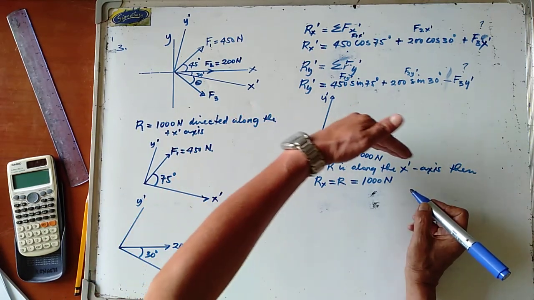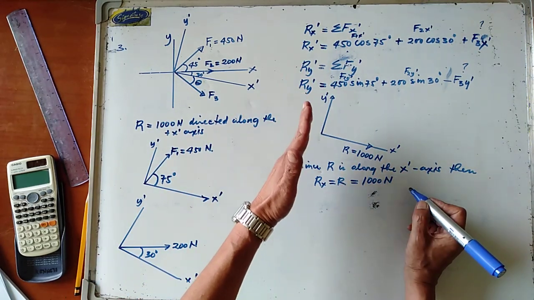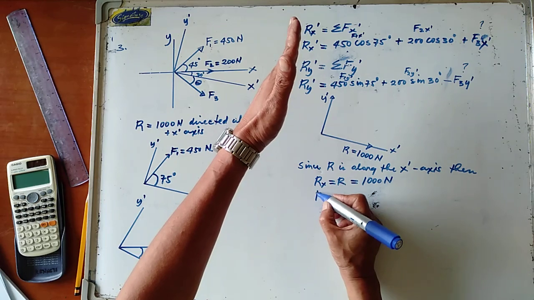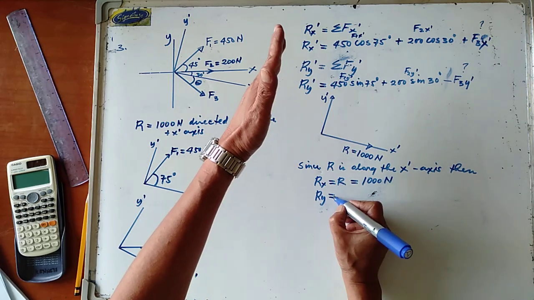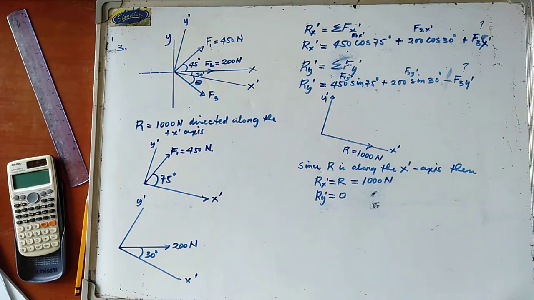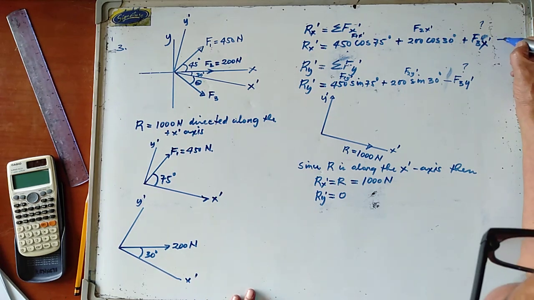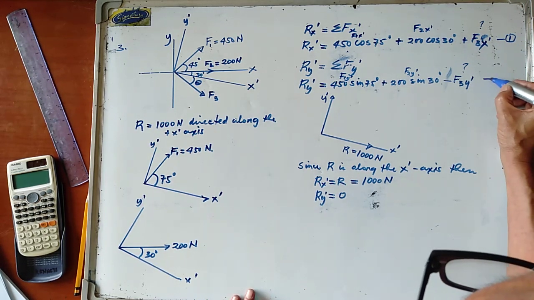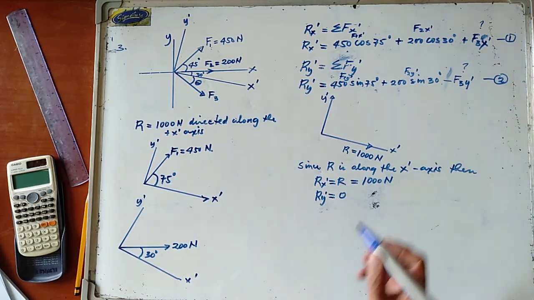Hence, it has no component in the y, so your Ry prime is equal to 0. I'm going to consider this as the first equation, and this is the second equation.